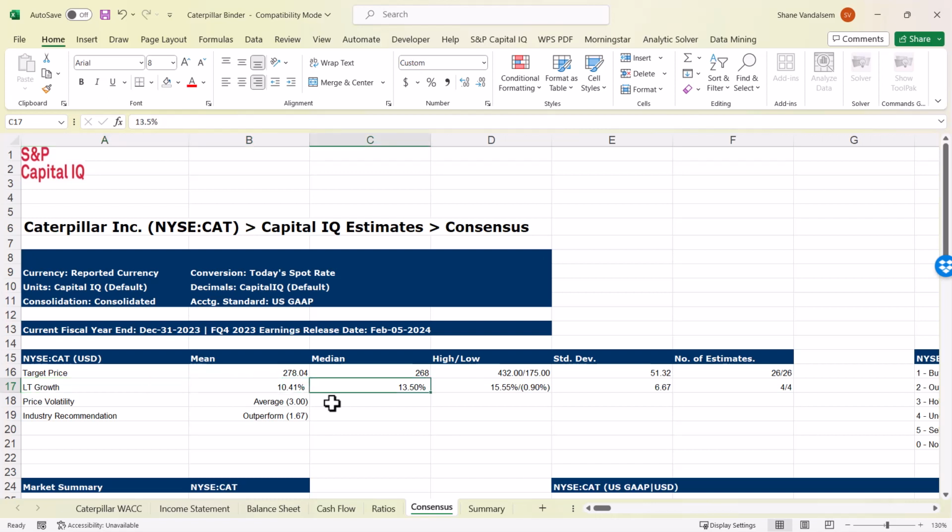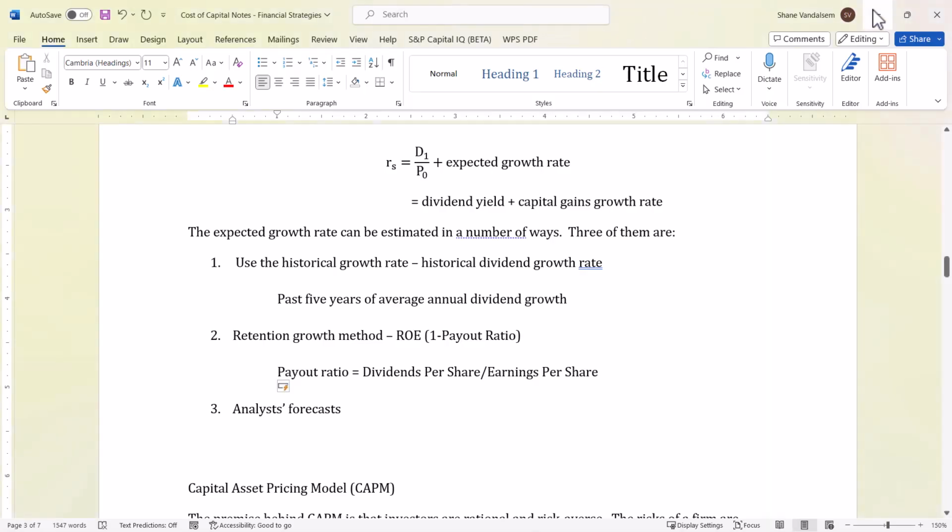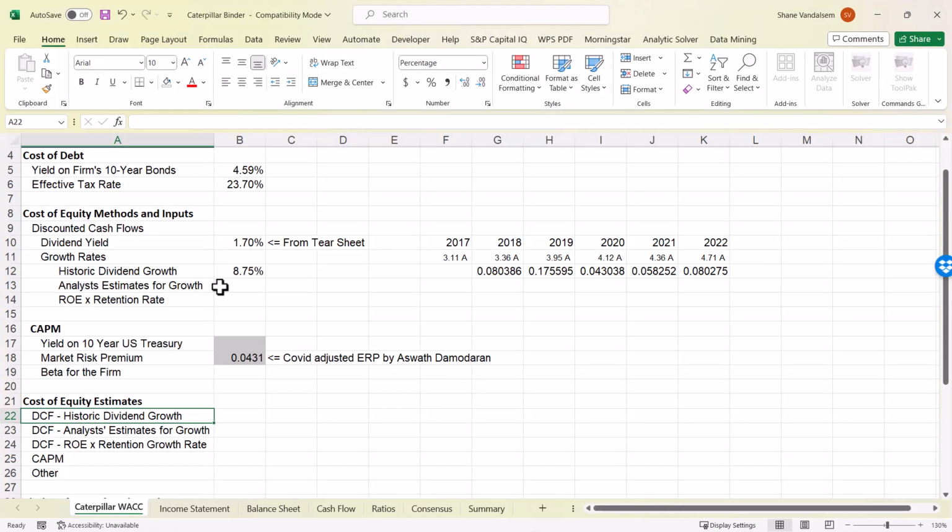And what I typically use here is the median value. So this is the middle estimate of the estimates that analysts have for this company, and they say that it's 13.5%. So analysts expect the earnings for this company to grow 13.5% per year for the next 5 years on average. So I'm going to put 13.5% here.